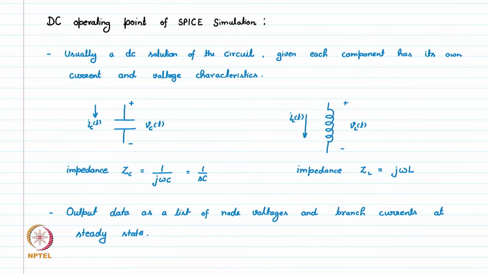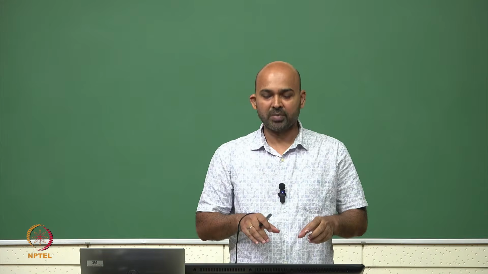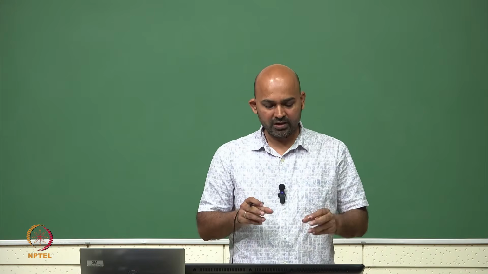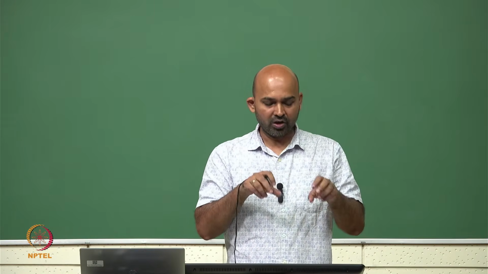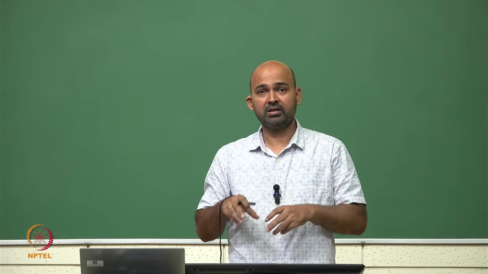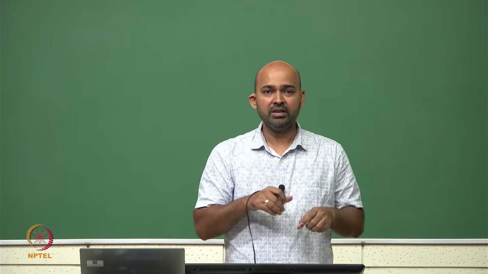So when we make these circuits in SPICE and we generate the netlist and solve the circuit using SPICE, SPICE first looks at what components it has, for example resistors, capacitors, inductors, diodes, BJTs.